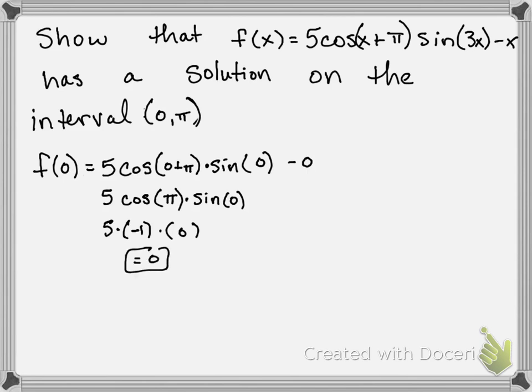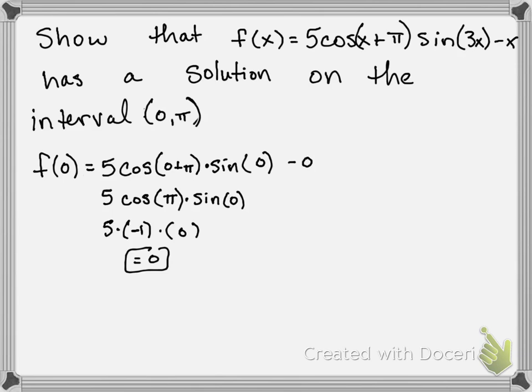So this whole thing's got to go to 0. Do I really need to do the other one? No. If this is a 0, does it have a solution? If it hits 0, it's got to have a solution. That is the solution. 0, 0 is the solution.